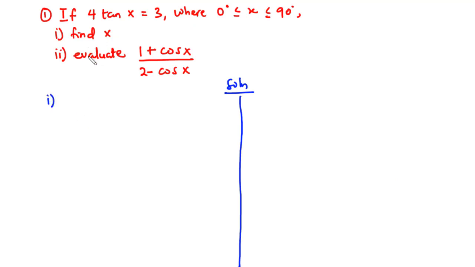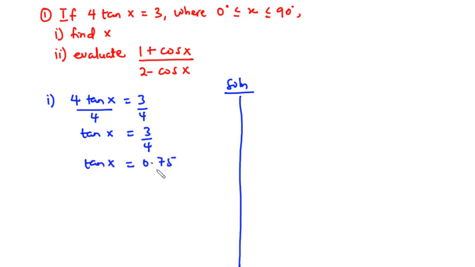So we are going to find x given that 4 tan x is equal to 3. So 4 tan x is equal to 3. And we divide through by 4, so that we have tan x equals 3 over 4. Now this is the same as tan x equals 0.75.